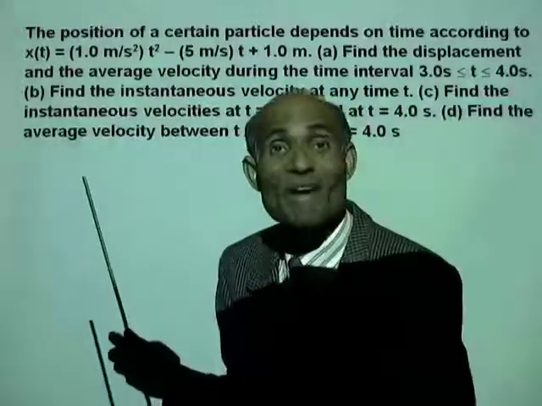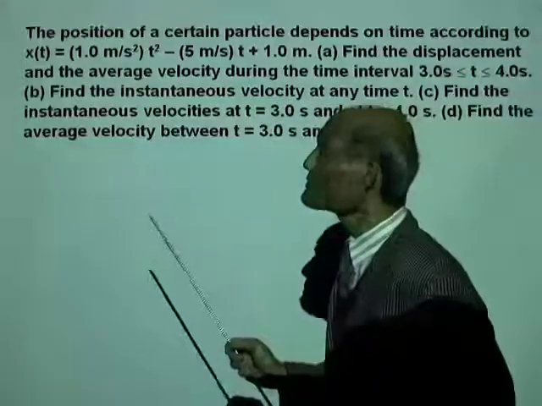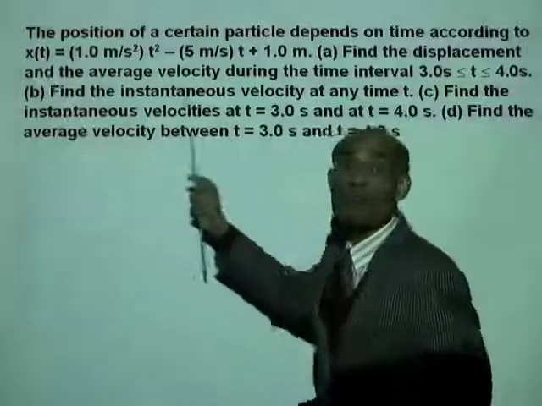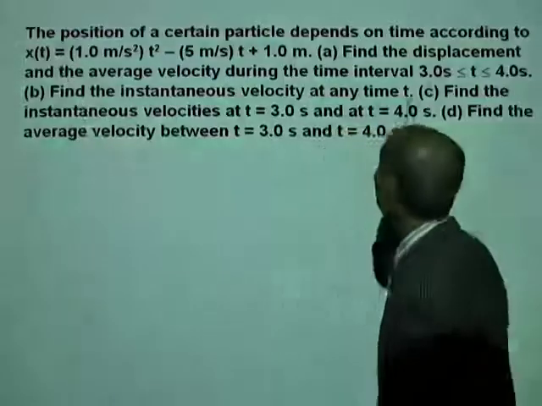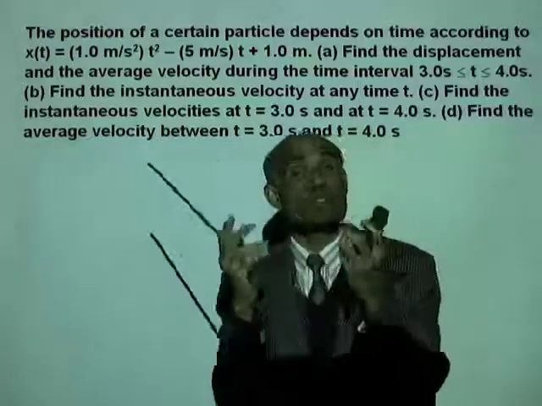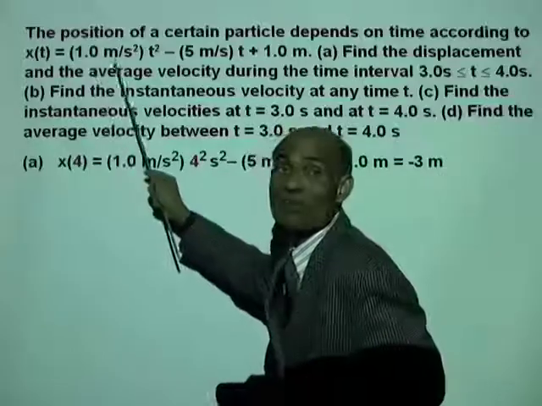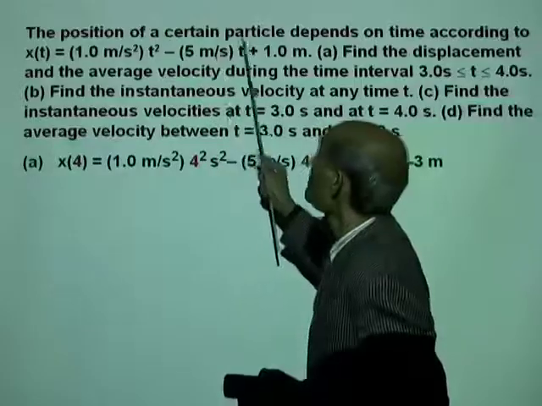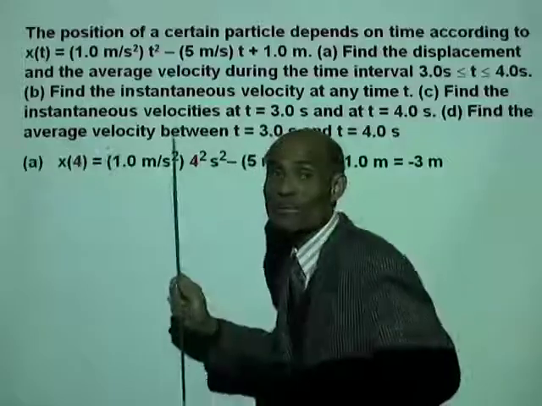What is the time interval there? The time interval is just 1 second. Alright, what we need to do is we need to know the position. What is the value of x at 3 seconds? Then what is the value of x at 4 seconds, so that we can find the change in position during that time interval? So x of 4, what does x of 4 mean?